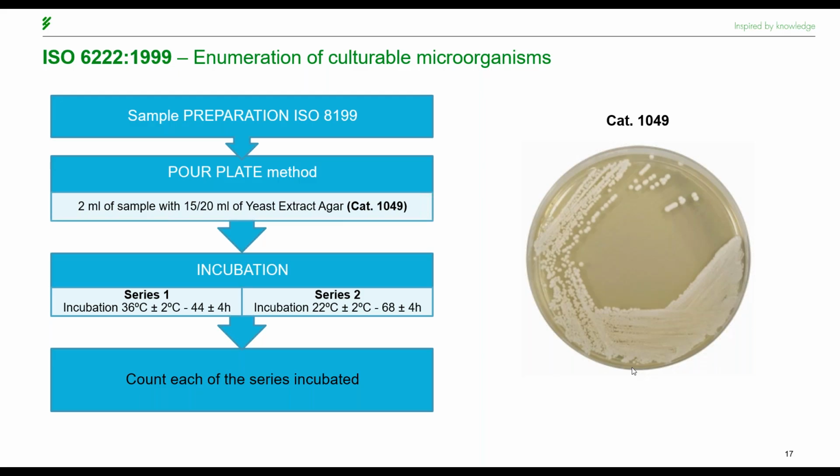So we put the sample in the Petri dish and then add molten medium, and we mix with a gentle rotation. Then the medium must be allowed to solidify, and then incubation, at least 1 plate per incubation temperature. After this, the plates are examined and observed colonies are counted. So it is rather simple.